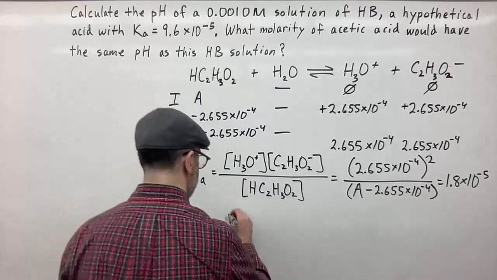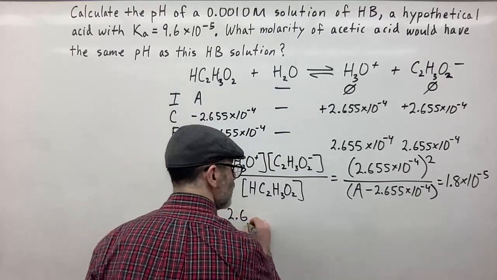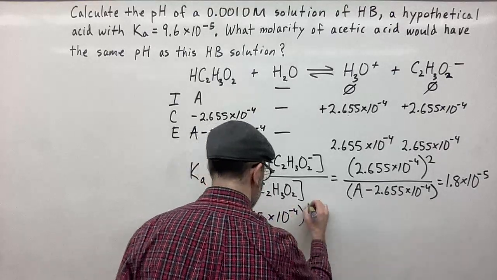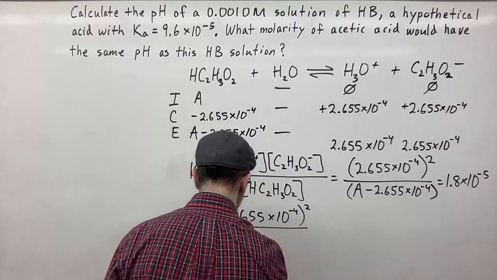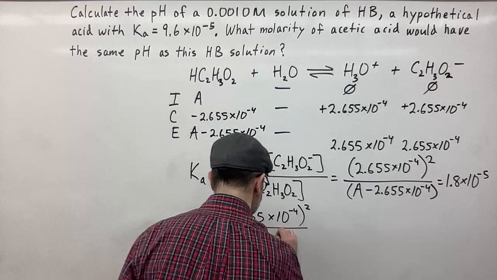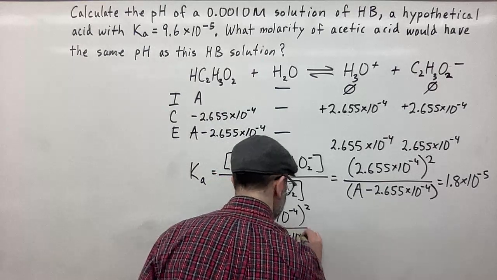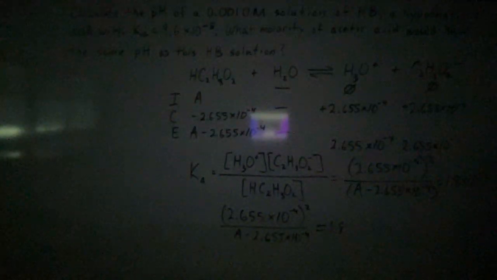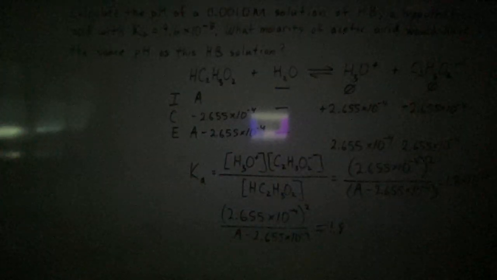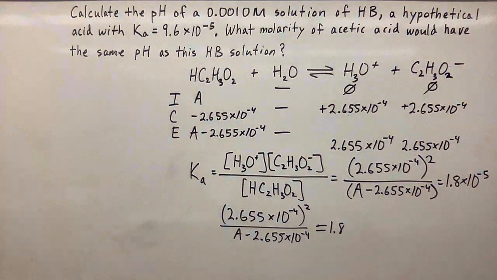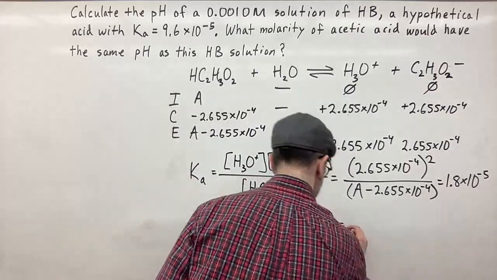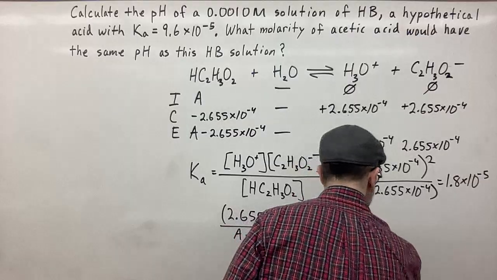Let's write that down here. 2.655 times 10 to the negative 4, that's going to be squared over A minus 2.655 times 10 to the negative 4, equal to 1.8 times 10 to the negative 5.